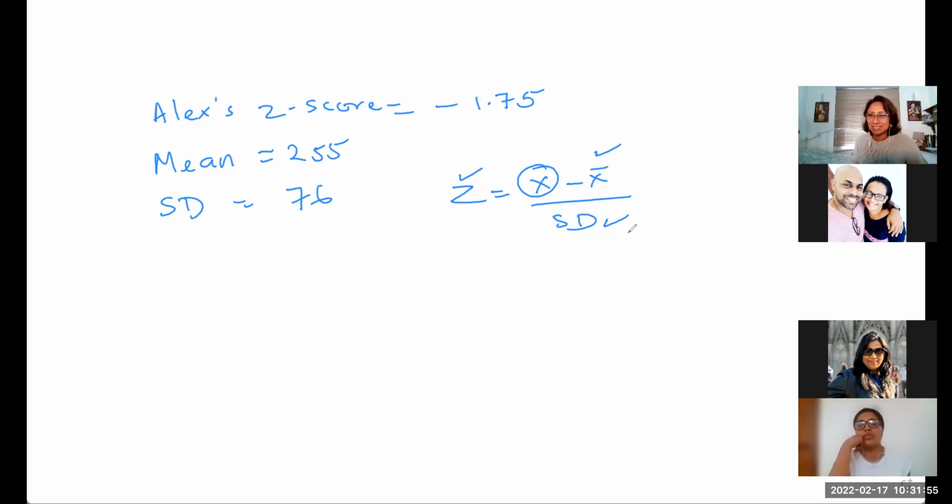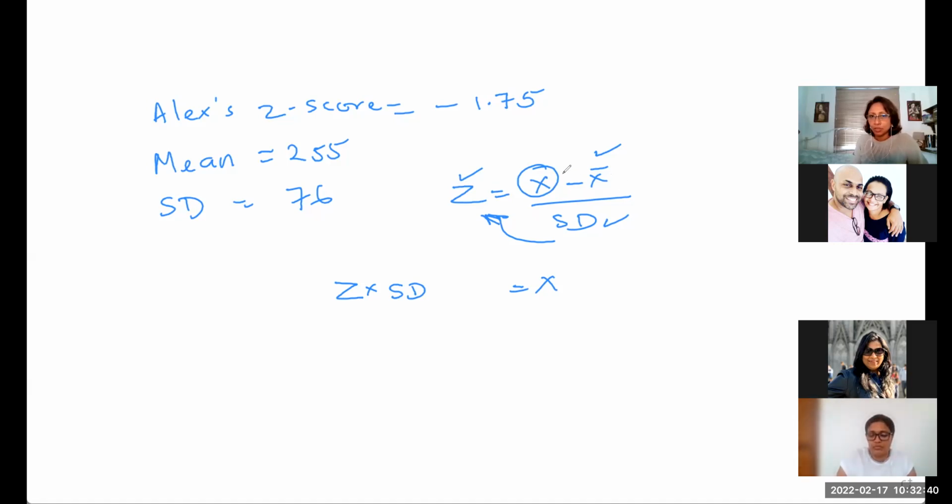So this is a little bit of mathematics we are going to do. I hope you remember this from your school days. If you keep X on this side of the equation and take all these to the other side, what do you get? You have your Z score. You are dividing by SD, which means when it moves to the other side of the equation, it becomes a multiplication. Division becomes multiplication, right? That's the first thing that you do.